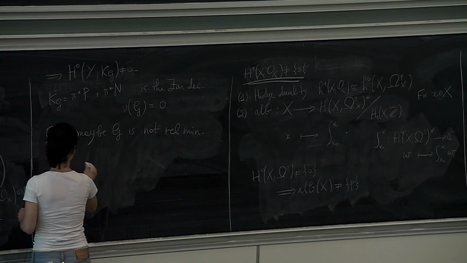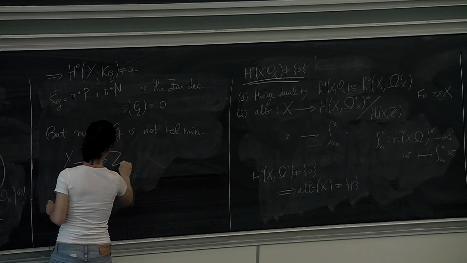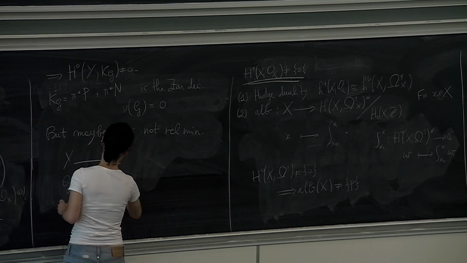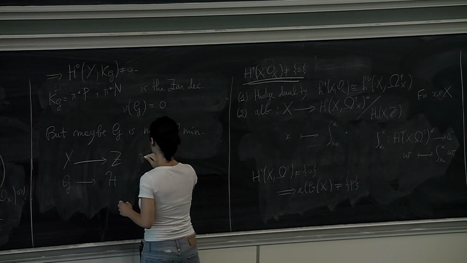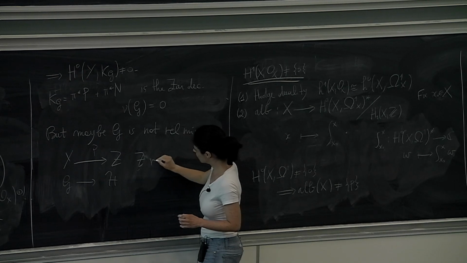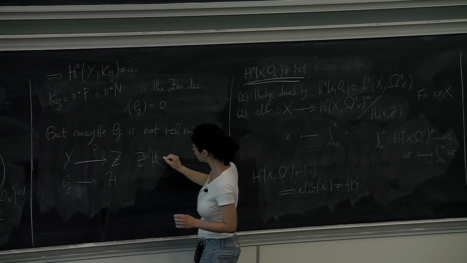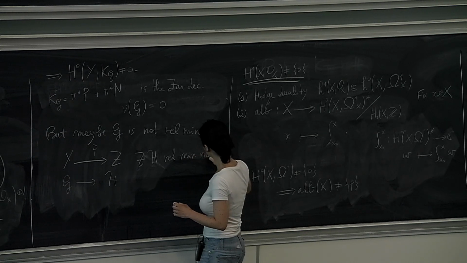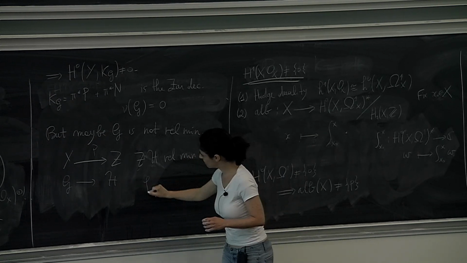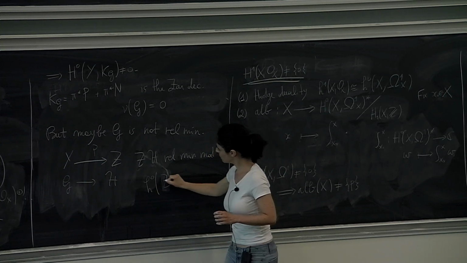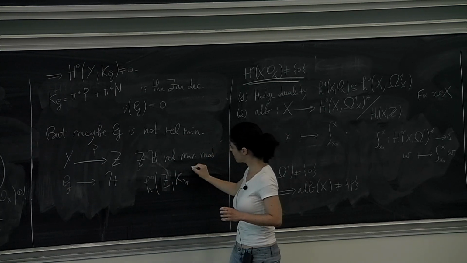So we can find a relatively minimal model. Z and H are the relatively minimal model, and K_H has a global section.